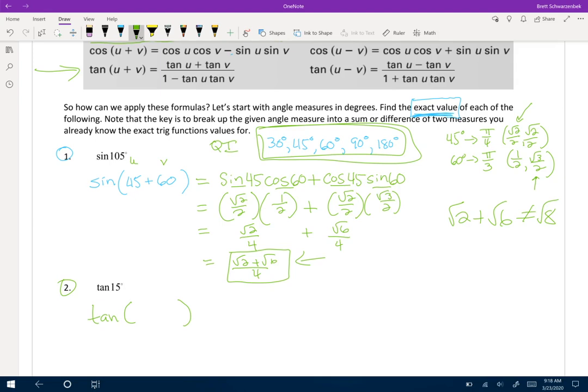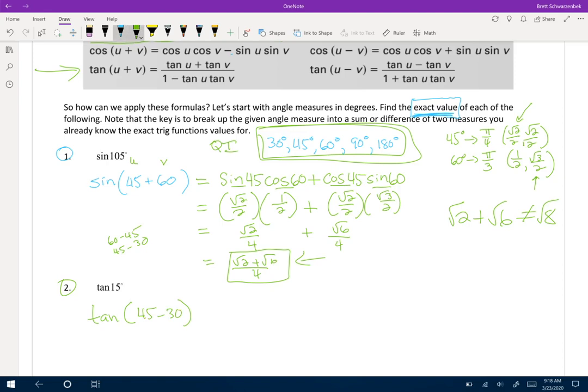For instance, we could go right back to these angles and do 60 minus 45, and we could get 15, right? But just for argument's sake, to do something different, we could also do 45 minus 30 to get there as well. So I'm just going to use that one. It wouldn't matter in practice which you did.